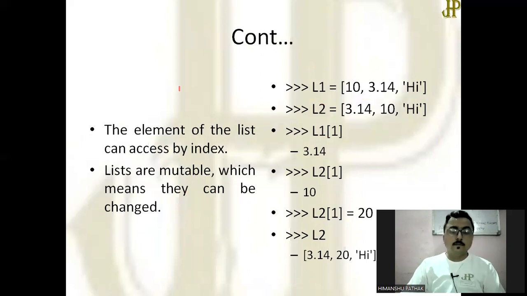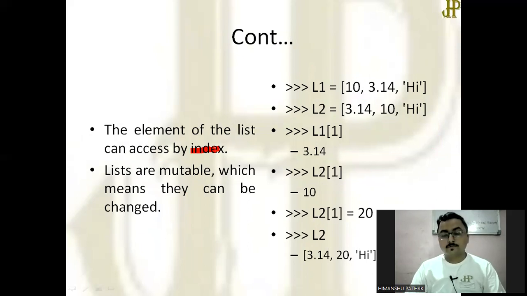Now, the next property is the elements of the list can be accessed by index, the same as in an array. It starts from 0 and goes up to n minus 1, where n is the number of elements in the list.